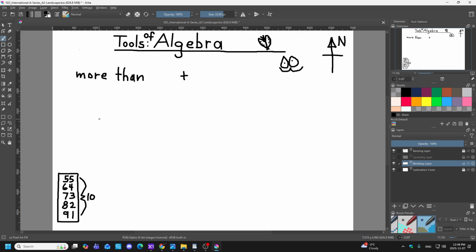Again, you can pick any random variable from A through Z, your choice. Have fun with it. Pick your favorite letter. Thus, the algebraic expression is n plus 8. Wasn't that easy?